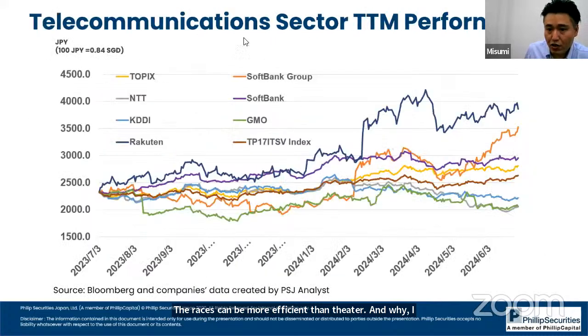And let's move to the telecommunication sector performance. Rakuten is originally an internet retail company, but is going to enter the mobile business. Why is it performing so well?